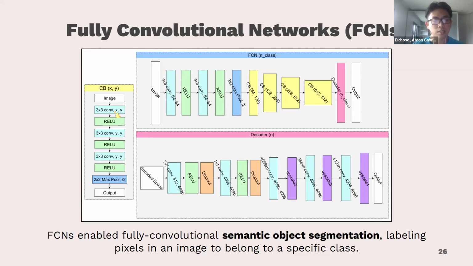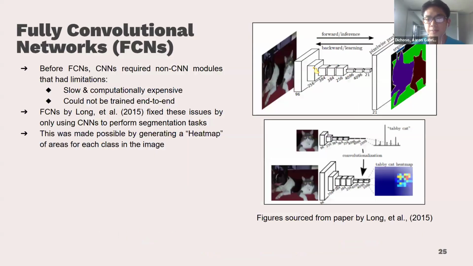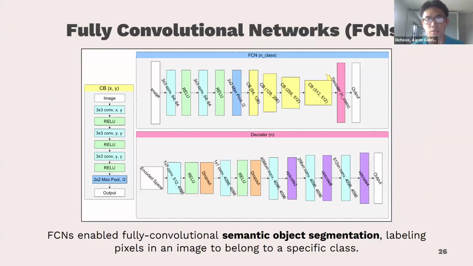What it does is continue to extract features inside of the image. As you can see, this sort of architecture slowly makes the image smaller and smaller, but increases the number of channels. So that is what the convolutional blocks are doing. It's increasing the number of channels while decreasing the dimensions.